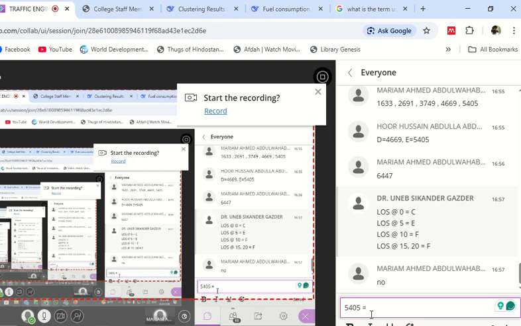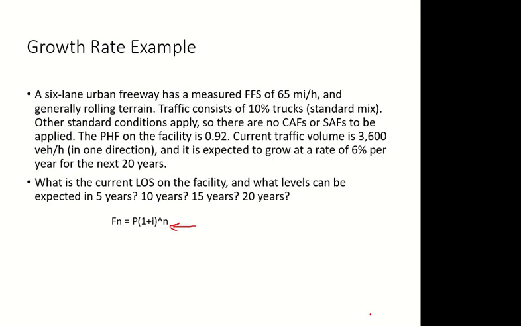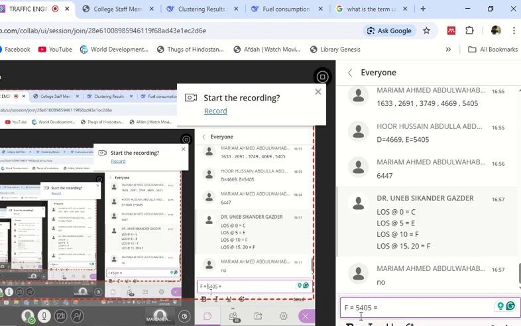So I'm using the same equation now. My future value I'm looking for is Fn, when the level of service becomes F. It becomes F when you reach this value. So the present value I know, given, growth rate I know, I need the n value. So when will I get to this value in future?